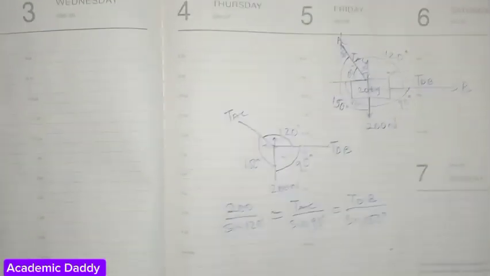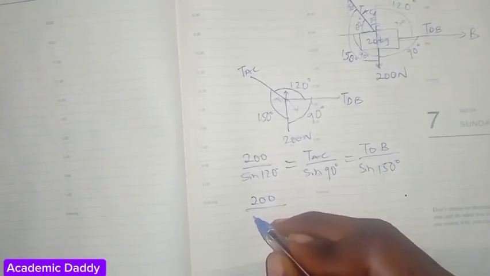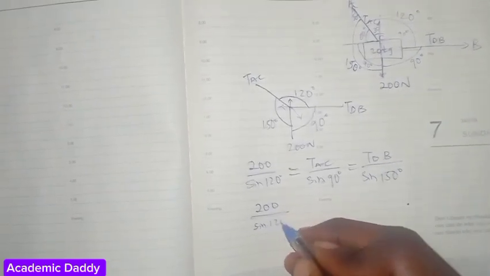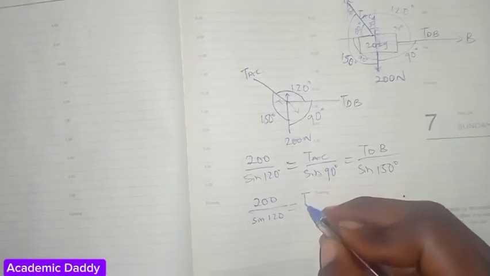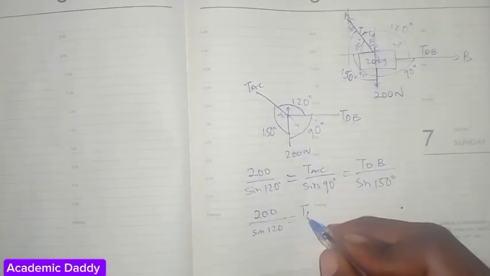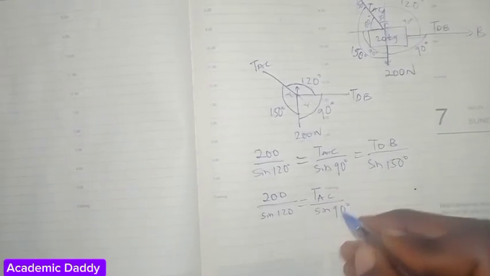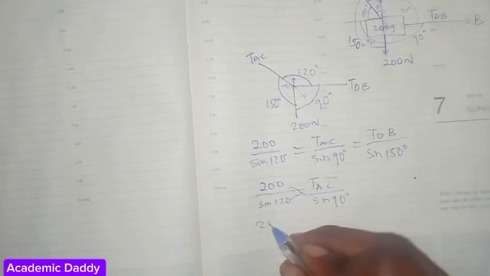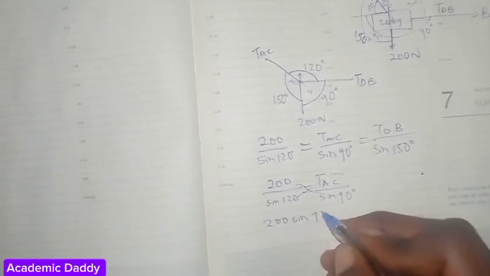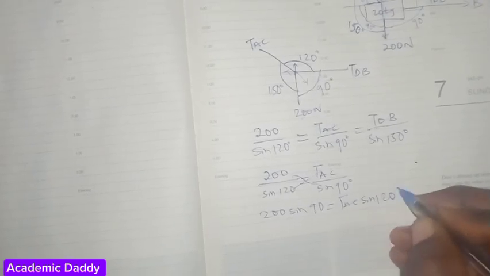So 200 over sine 120 equals TAC over sine 90 degrees. If you cross multiply, you have 200 sine 90 equals TAC sine 120 degrees.